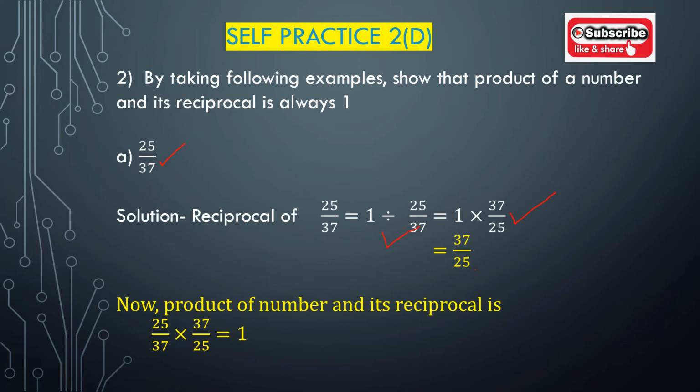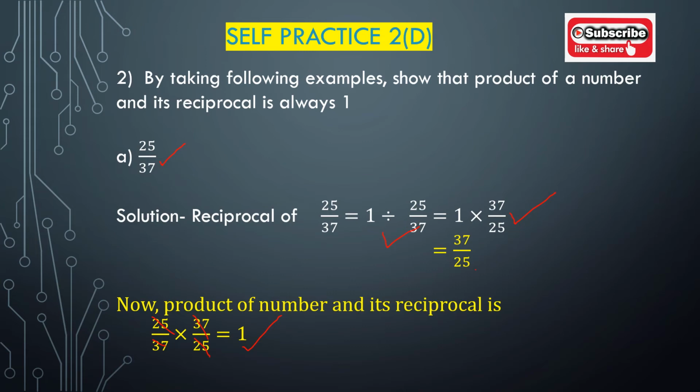So the product of a number and its reciprocal is 25 divided by 37 multiplied with 37 divided by 25. We cancel 25 and 25, 37 with 37, and we get 1. So the product of a number and its reciprocal is always 1.